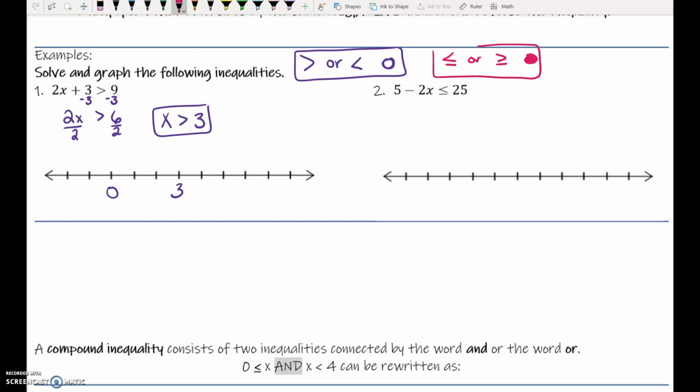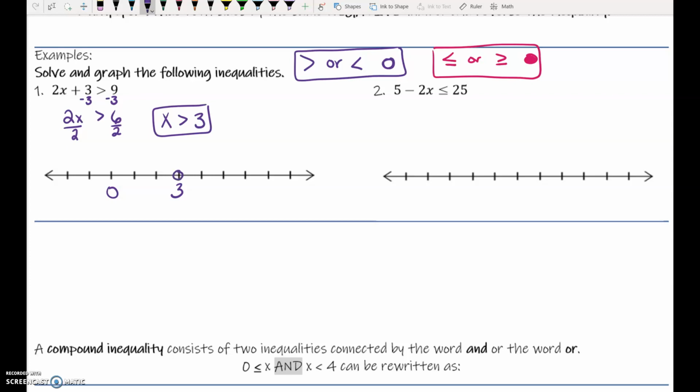The open circle means we are not including that number in the solutions. A closed in circle means we are also including that number. So greater than or equal to, we are including the number that we're talking about. Just greater than 3, we are not going to include 3.